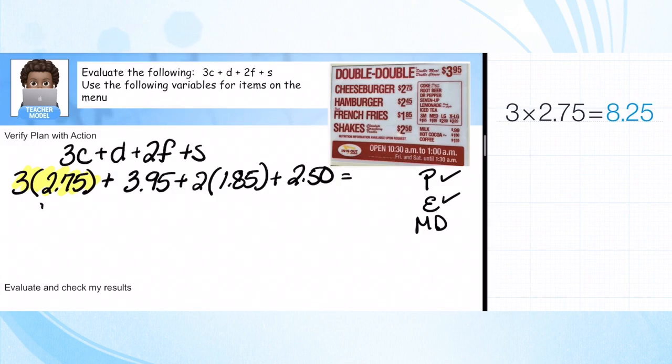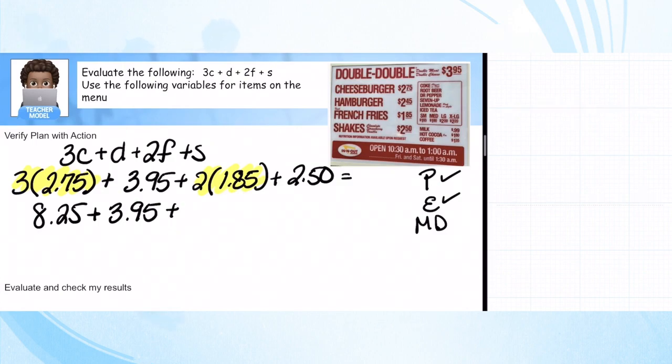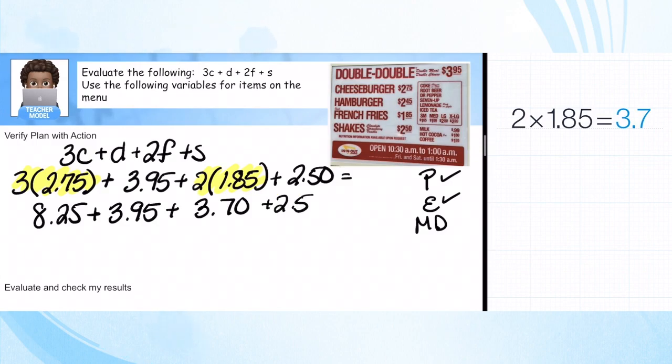And that's going to give us $8.25 plus $3.95 plus. Now we're going to do 2 times $1.85, and we have $3.70 plus $2.50.